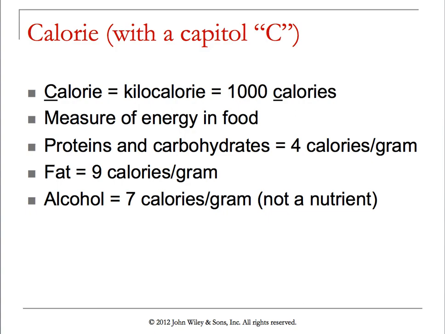Now, alcohol isn't a nutrient, right? You didn't see it back on that table with the 6 classes of nutrients, but we are going to talk about it a little bit in this chapter and then later on this semester because it does provide 7 calories per gram. So again, a gram of alcohol is going to have almost twice as many calories as a gram of proteins and carbohydrates.